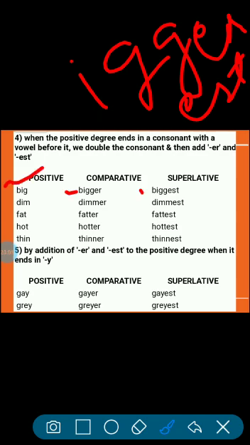Big, bigger, biggest. Doubling the G. Okay? Dim, dimmer, dimmest. Doubling M. Fat, we doubled T and then added ER, becomes fatter. Doubled T, then added EST, it becomes fattest. Hot, hotter, hottest. Thin, thinner, thinnest.